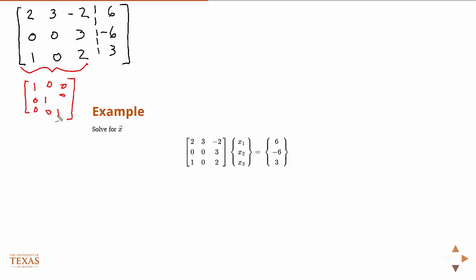Okay, so again, if the goal is to get it in this form, we need to perform row operations to basically turn these off-diagonal entries into zeros, okay?